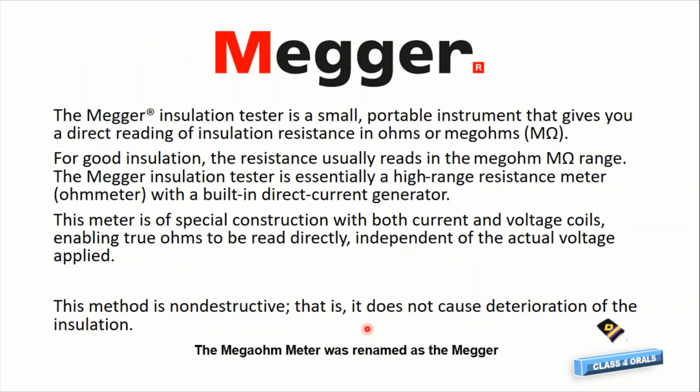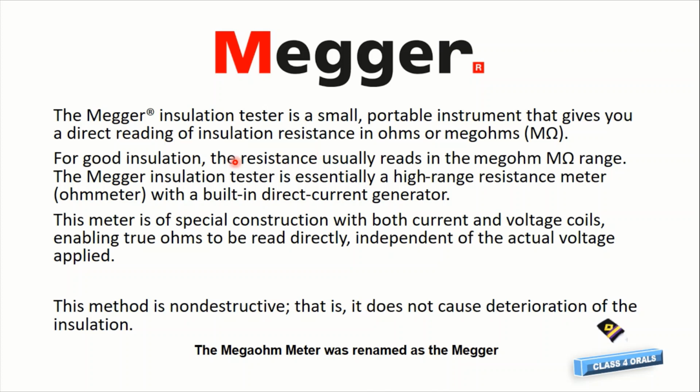Here comes the introduction of the Megger. The Megger is actually a registered trademark product which was introduced in the 1900s, and the name was changed from megohmmeter to Megger, just for the sake of ease of speaking. The Megger insulation tester is a small portable instrument that gives you the direct reading of insulation resistance in ohms or megohms.